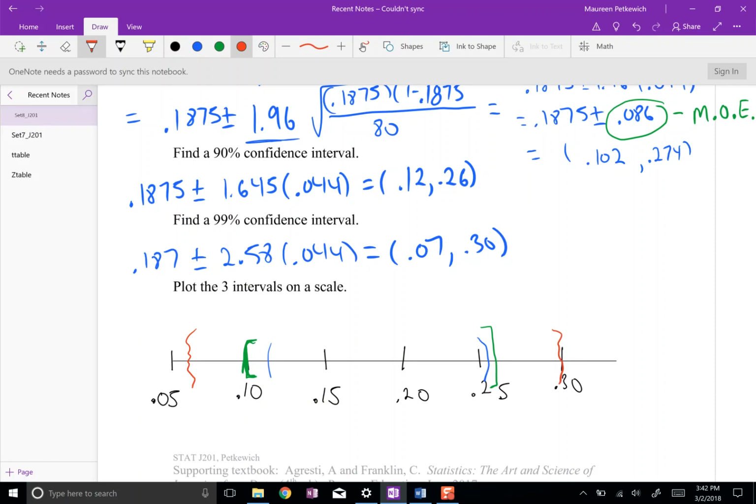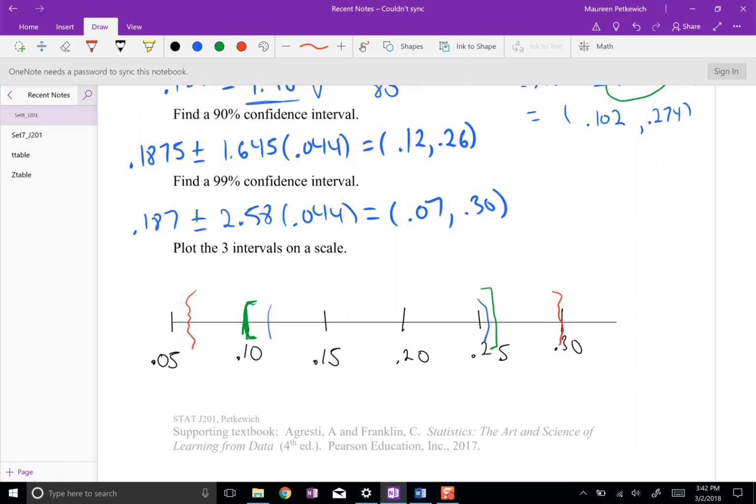What I want you to notice about this is that when I moved from 90 to 95% confident, that was from here to here and here to here, notice that the width of the interval changed, but it did not change as drastically as when I went from 95 to 99%.